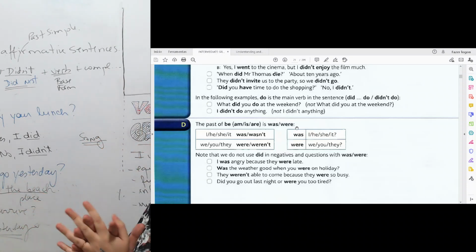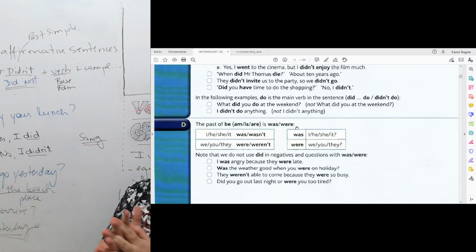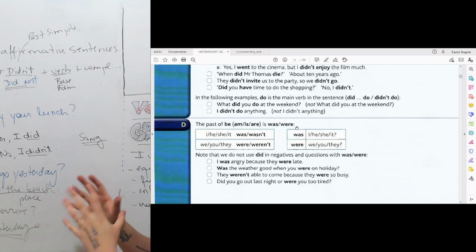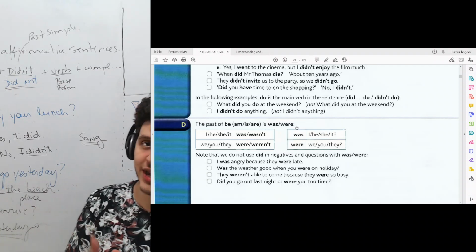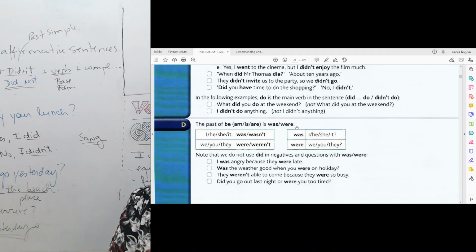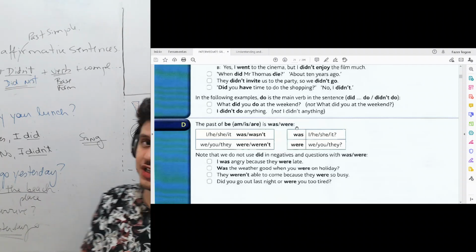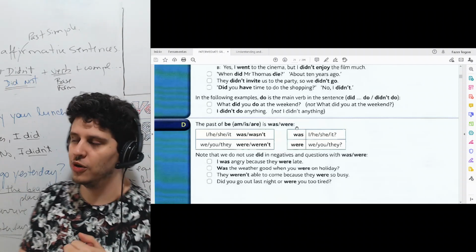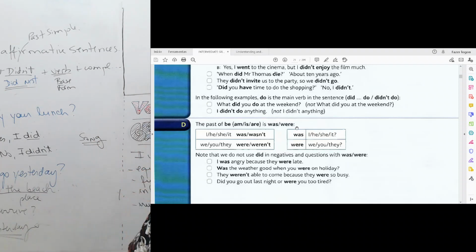Then it's a horse of a different color. We've got to be attentive that verb to be has its own ways and its own mechanisms of becoming negative and becoming a question, and you already know that. That's an intermediate level class. But if you're not very sure, go back to my channel. There are some videos on more basic stuff. Maybe it will help you somehow.